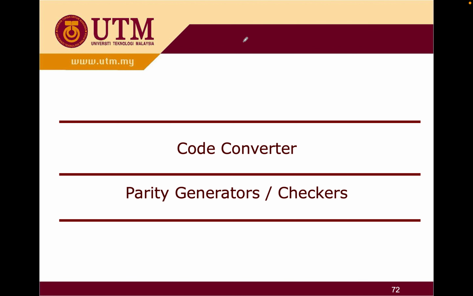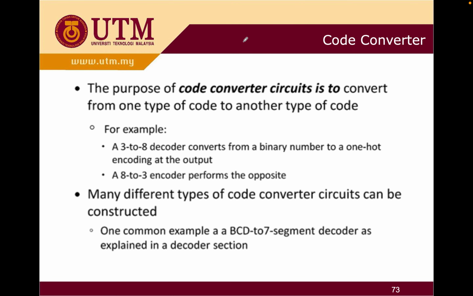Okay, this is our last subtopic on the code converter and also parity generator and checker. We look into our code converter first. The purpose of this code converter circuit is to convert one type of code to another type. For example, a 3 to 8 decoder converts from your binary number to one-hot encoding at the output.